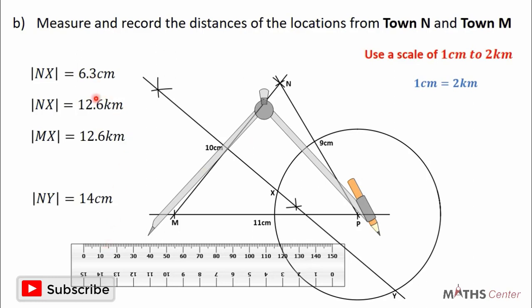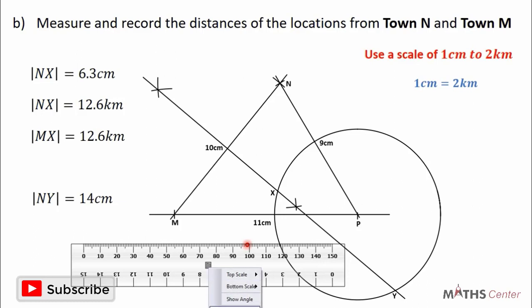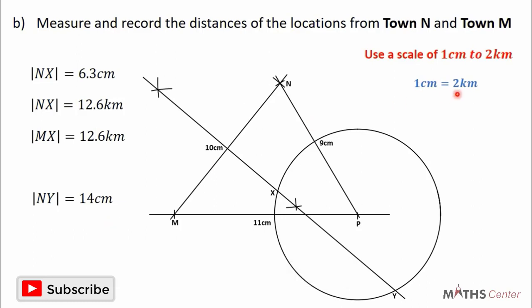But just as we did here, we will have to convert the 14 centimeters to kilometers. I'm going to take both the compass and the ruler off so that we can do that. We are going to use the scale given to us to convert NY from centimeters to kilometers. The scale is 1 centimeter is equal to 2 kilometers.